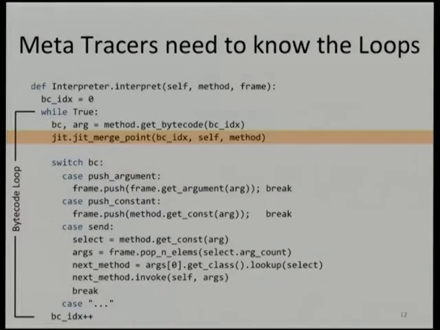So if the RPython notices at such a point, such a merge point for the just-in-time compiler, that a certain loop has been executed again and again, then it can assume, okay, now we can actually spend a bit of time to compile that into really fast native code and do all our optimizations to generate that code. That's not always useful, so that's why we need to do that explicitly, tell it that. But that's more or less what we actually need to do.